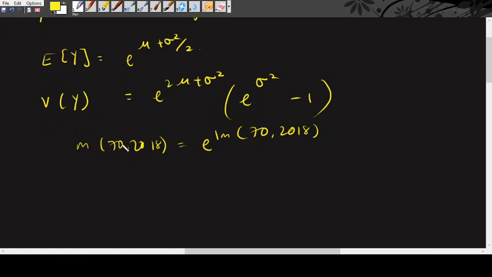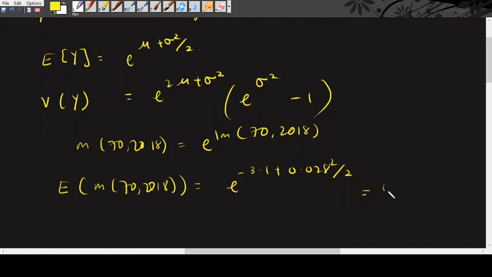So the expected value of M70 2018 is e to the power of negative 3.1 plus 0.028 square over 2, which equals 0.04507.